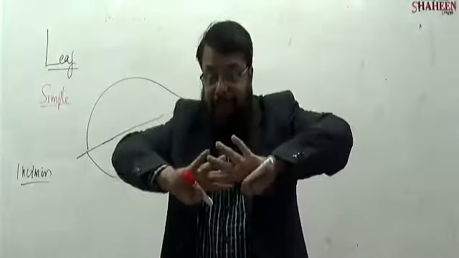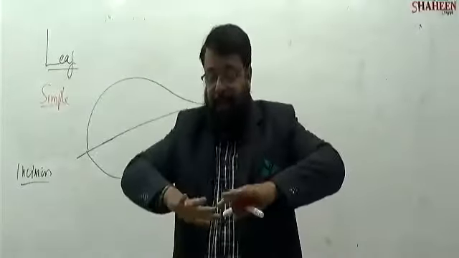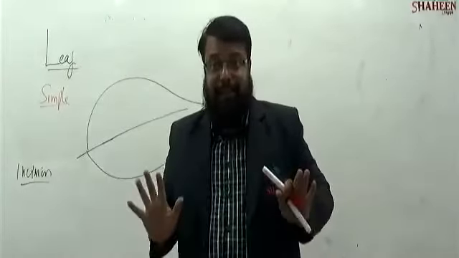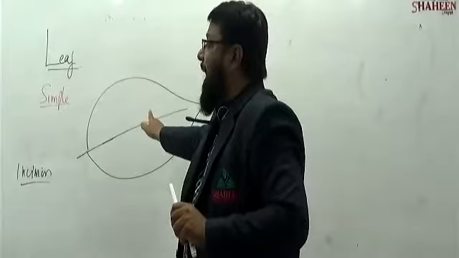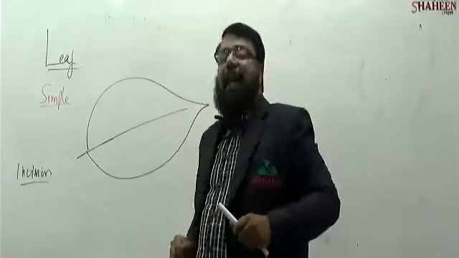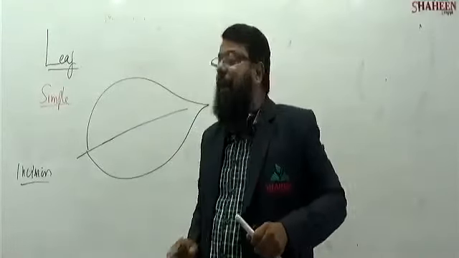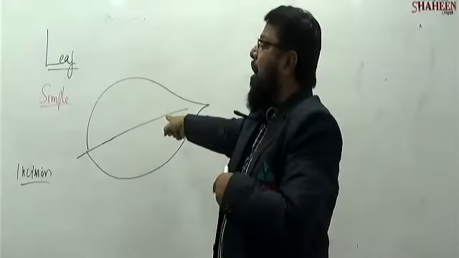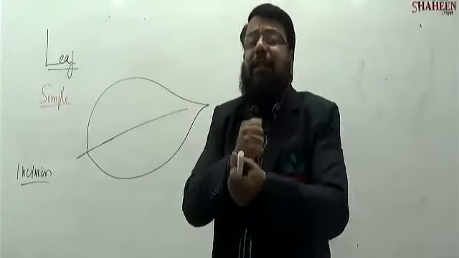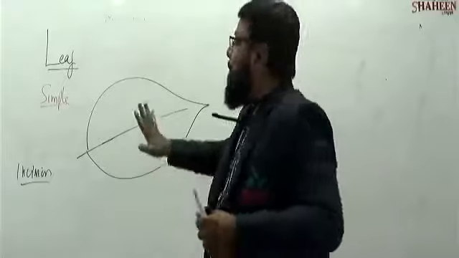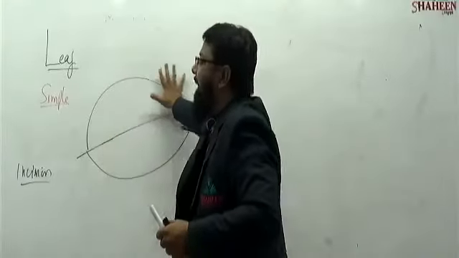The leaf lamina is entire. This type of leaf is called a simple leaf. What kind of leaf have I drawn? That is a simple leaf. On what basis am I saying it is a simple leaf? Because the leaf lamina is entire.